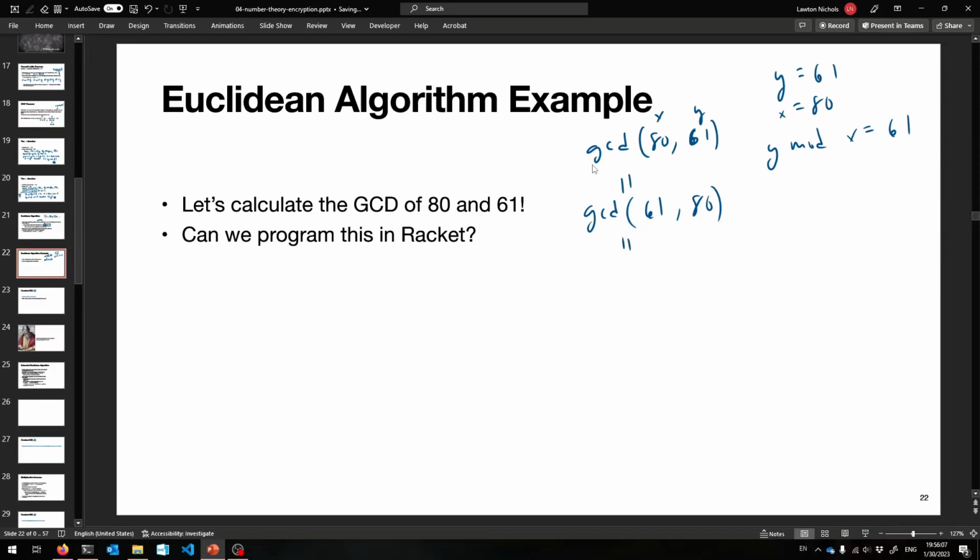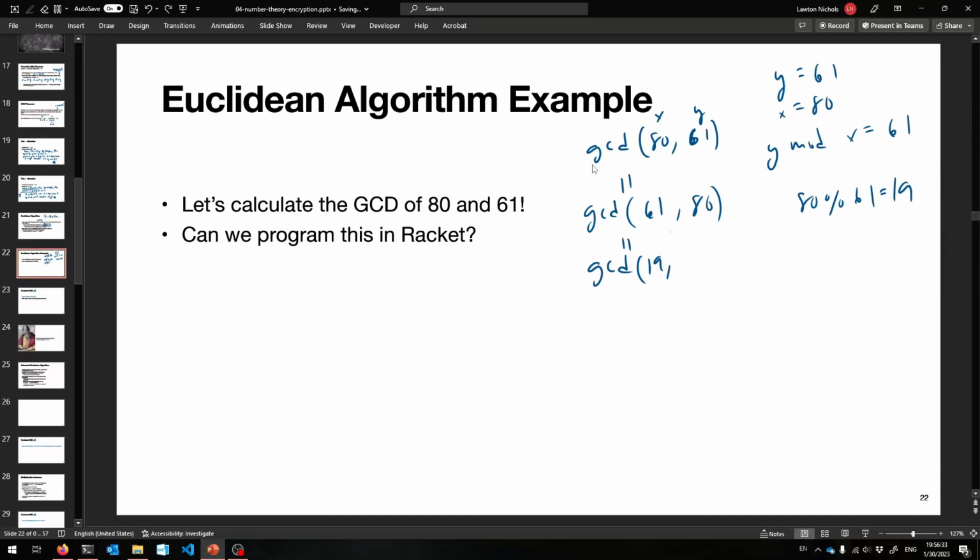Now we're calculating the GCD of 61 and 80. The result is GCD of y mod x, so 80 mod 61, which ends up being 19. So that's 19 on this side, and then the original x goes over here to the right.